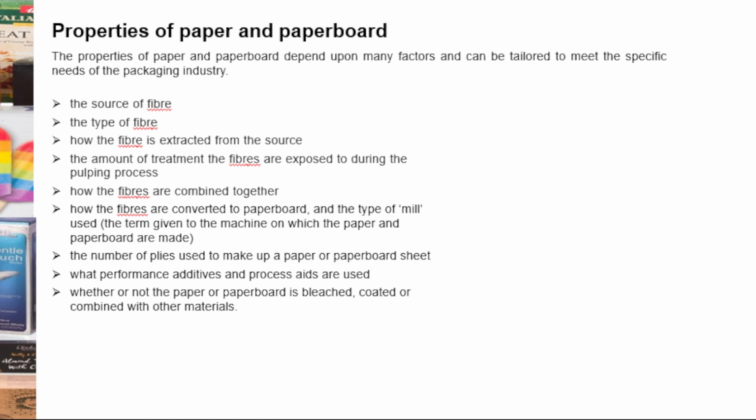These include the source of fiber, the type of fiber, how the fiber is extracted from the source, the amount of treatment the fibers are exposed to during the pulping process, how the fibers are combined together, how the fibers are converted to paperboard, and the type of mill used, the term given for the machine on which the paper and paperboard are made, the number of plies used to make up a paper or paperboard sheet, what performance additives and process aids are used, and whether or not the paper or paperboard is bleached, coated, or combined with other materials.